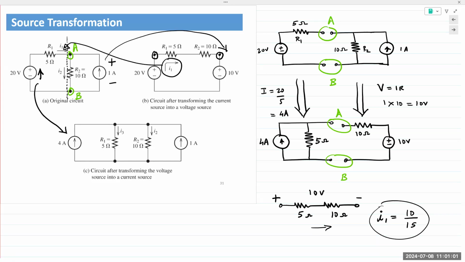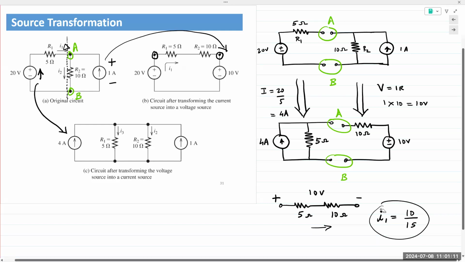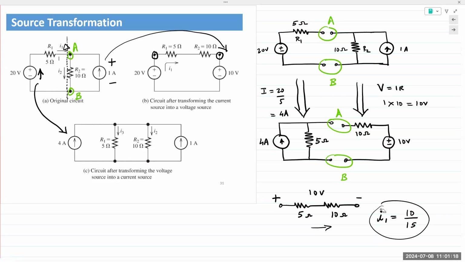So you have to look at the circuit and determine whether it's still the same or not. In this case, the answer is yes, it is the same. Now, if it was a different circuit, as part of a larger circuit, the source could be somewhere in the middle, and you transform it, it might not be the same. Any other questions?